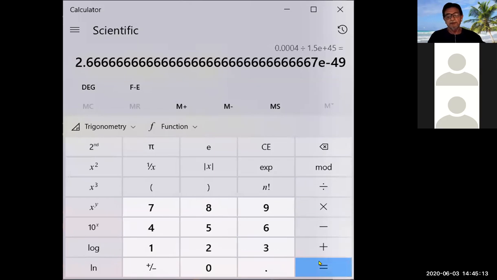And I get this answer here, which is 2.66666 times 10 to the negative 49. Obviously, I wouldn't present that. I would have to figure out how many sig figs I had. I think I had 2 sig figs. The number with the least sig figs was 2. So I have to truncate that to 2.7 times 10 to the negative 4. Okay.